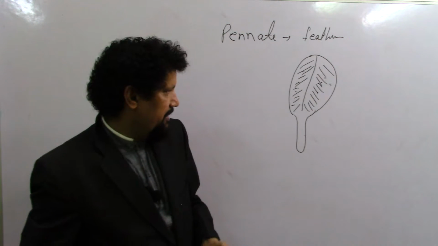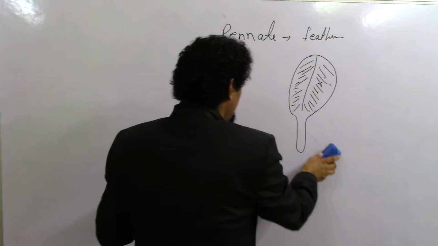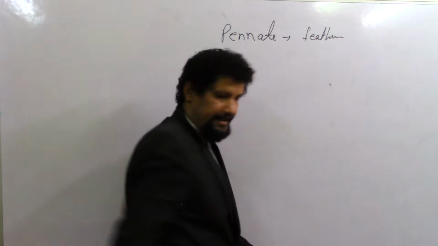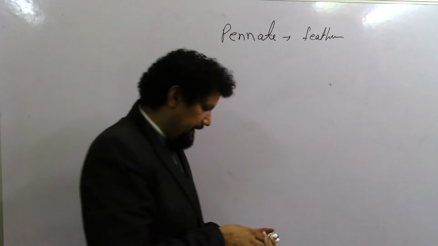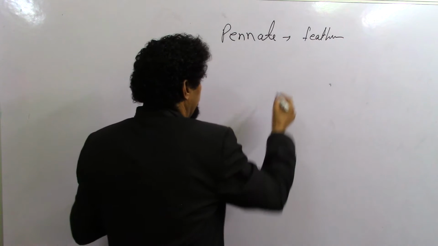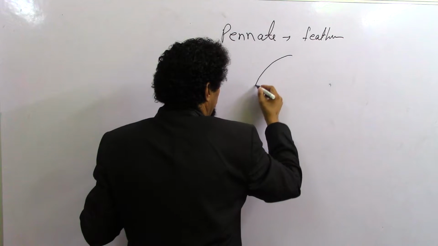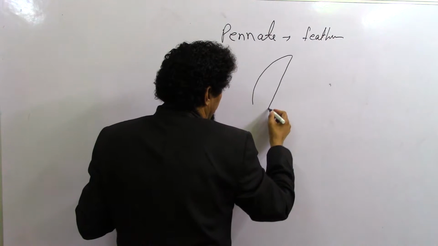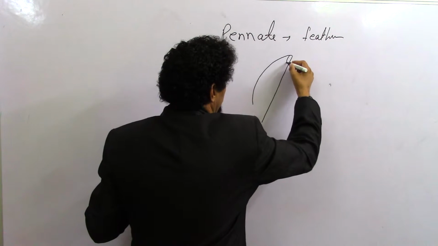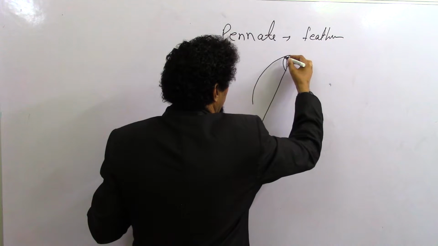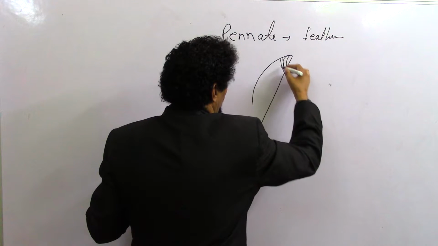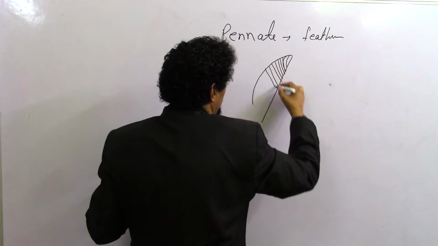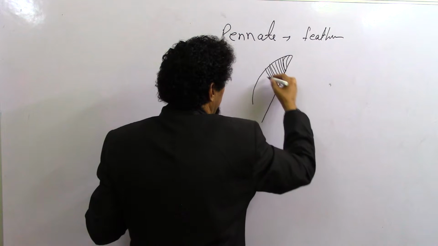The pinnate pattern may be unipinnate, when there is a single line of origin of muscle fibers and there is a tendon of attachment, so the oblique fibers run from a single line to the tendon.